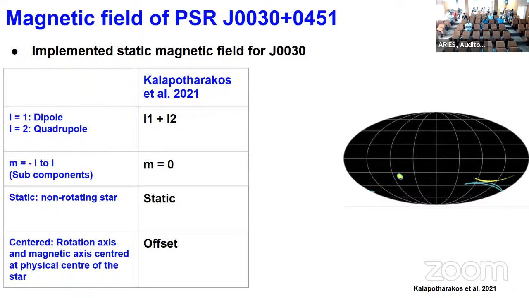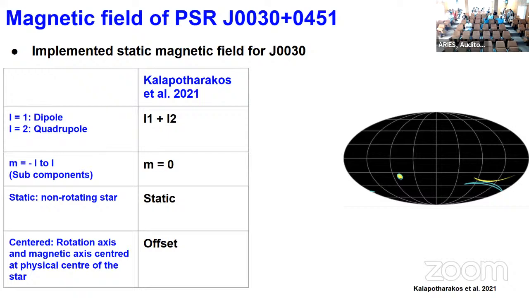So if this is my pulsar and that's my rotation axis, this is my magnetic moment, right? The center of the star, the center of the rotation axis, and the center of my magnetic moment all coincide. That's the dipolar field geometry we have been raised up with. What an offset field means is my magnetic moment has moved away from the geometrical center of the star.